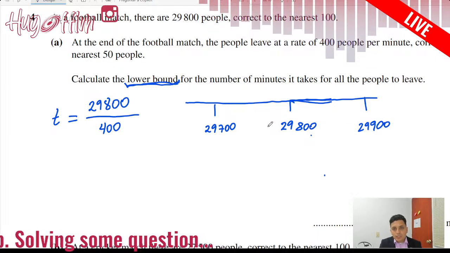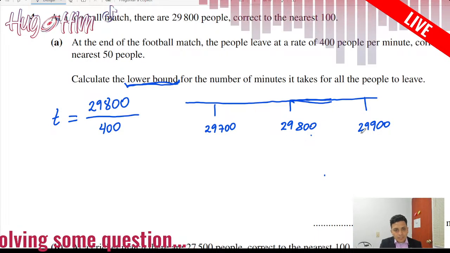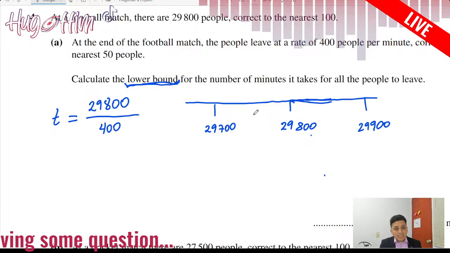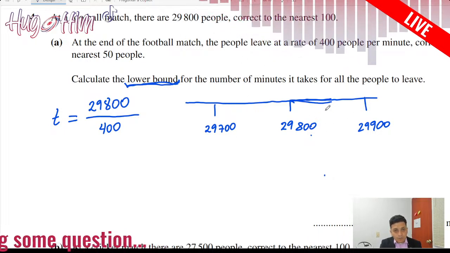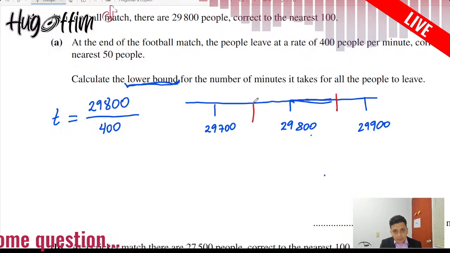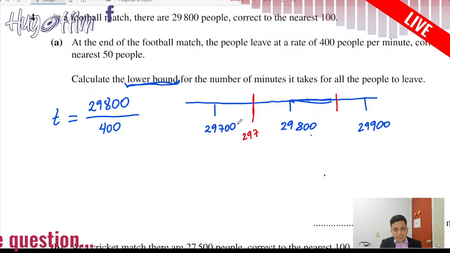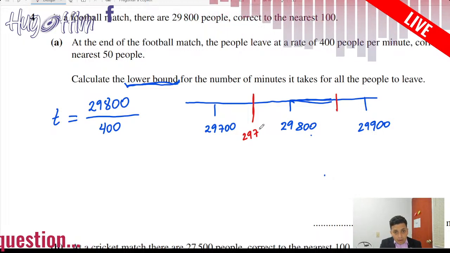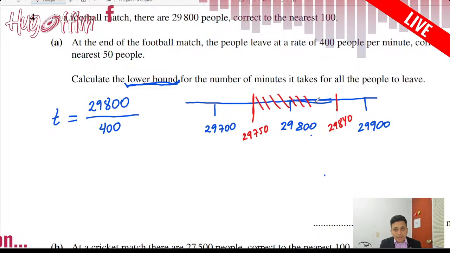Since it is corrected to the nearest 100, our boundaries are here and here. So in this case they will be 29,750 and 29,850. So this is the interval of 29,800 people.